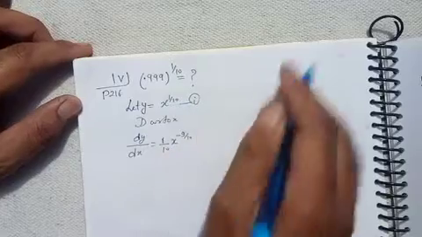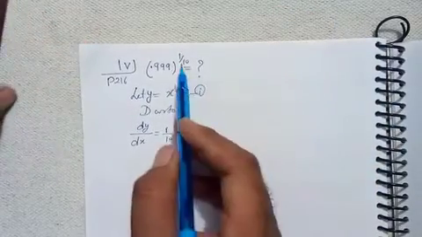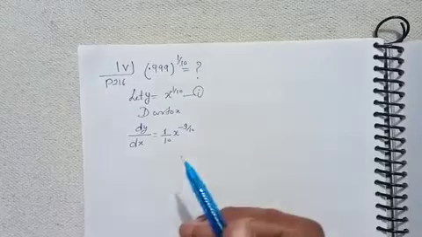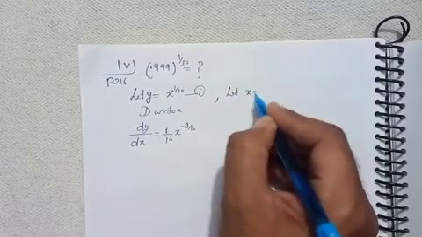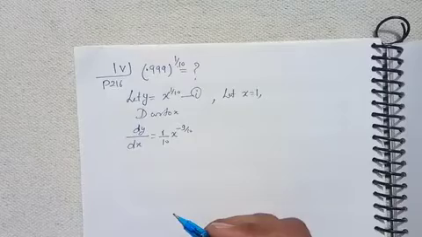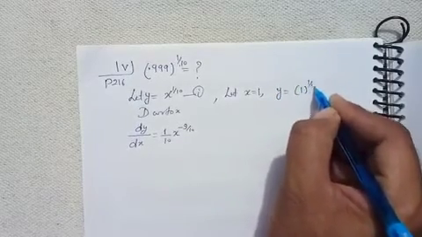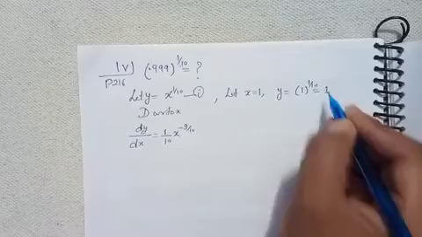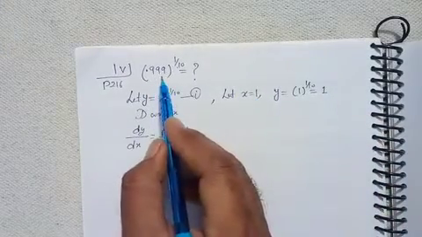Now assume a value of x which is very close to 0.999 and whose 10th root can be calculated very easily. What can be this number? This is 1. Then what will be y? 10th root of 1 is 1. We can calculate that, and 1 is very close to 0.999.